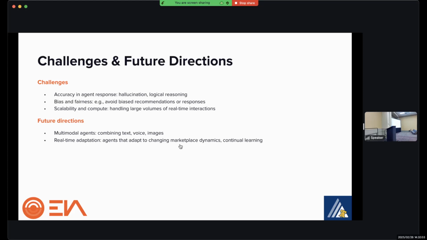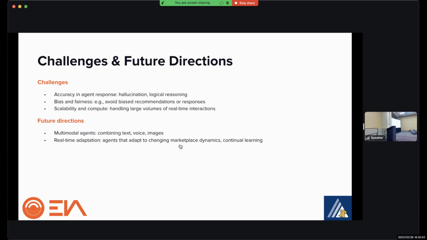Although we have already seen reasoning-specific models like DeepSeek R1 or the OpenAI O1 model or O3 now, those are not one-shot large language models, but instead they carry out a chain of thought in a sequence at the back end. Bias and fairness. This is another challenge, we want to avoid biased recommendations or responses generated by AI agents.